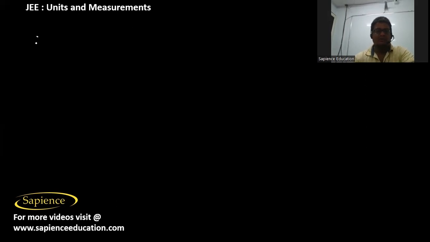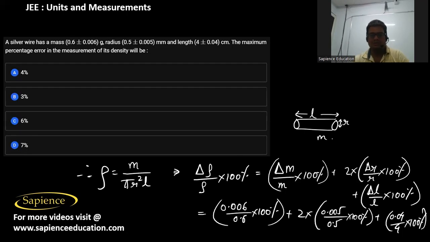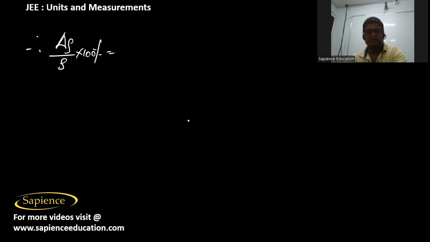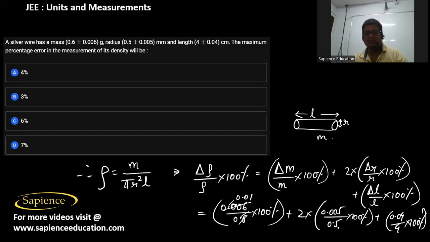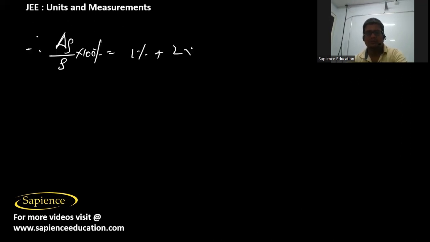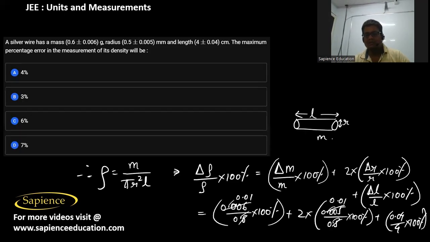So the percentage error in the measurement of density, delta rho by rho into 100%, will be equal to 0.01 into 100, that is 1%, plus 2 into 1%, plus another 1%.